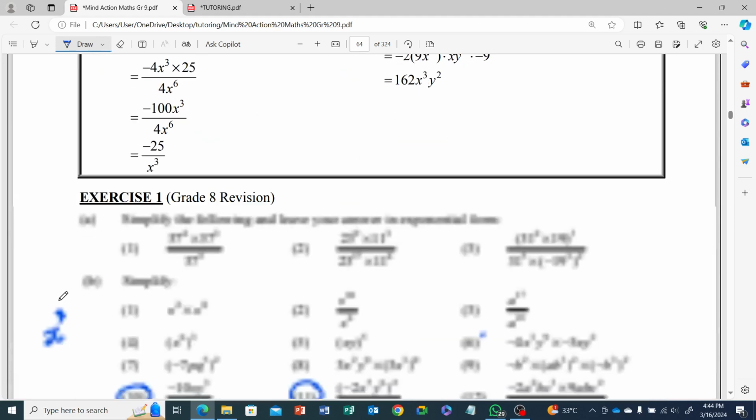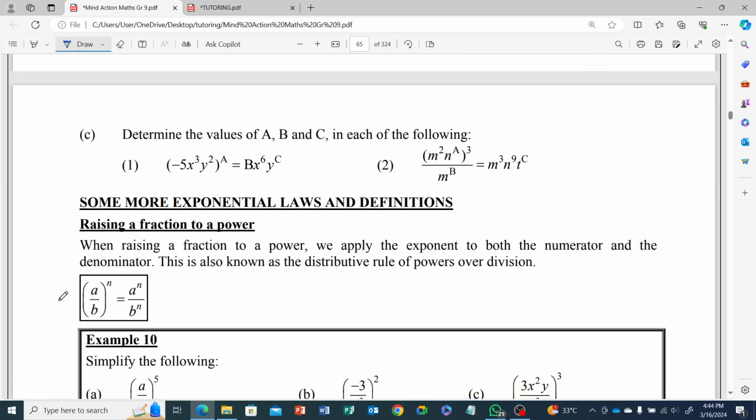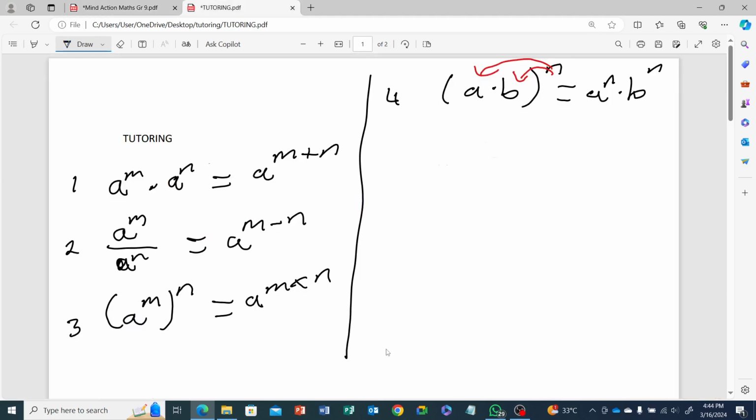Now I can see they summarized everything. So we have to know again about this one, the negative exponent one. If I have a fraction raised to a power, for example, a over b raised to the n, this is equivalent to a raised to the n divided by b raised to the n.